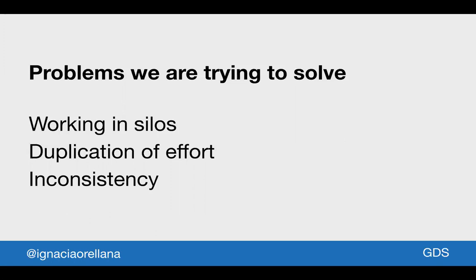This means that sometimes they fall back into siloed ways of working. This also means that we're often trying to solve the same problems over and over again, which creates duplication of effort, and this also means time and money. And finally, it also results in inconsistency, which ultimately affects our end users' experience with government digital services, so citizens.